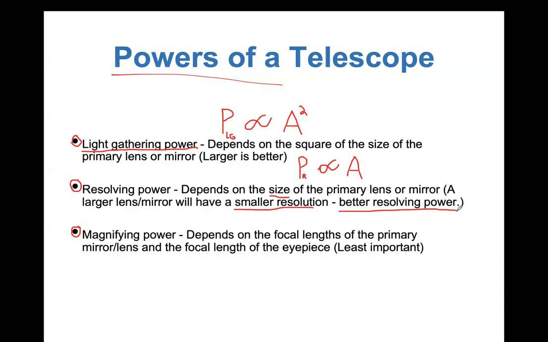What resolution refers to is the smallest, usually angular, distance between two objects that a telescope can discern. So if you have a resolving power of 1 degree, the smallest thing you could see is 1 degree. Anything smaller, you wouldn't be able to make out.